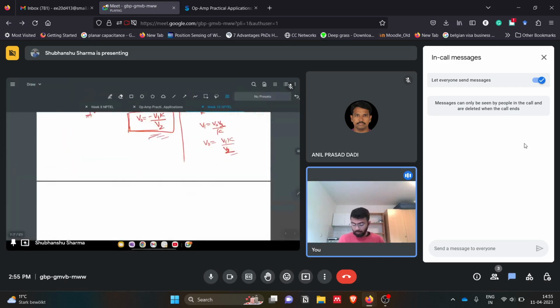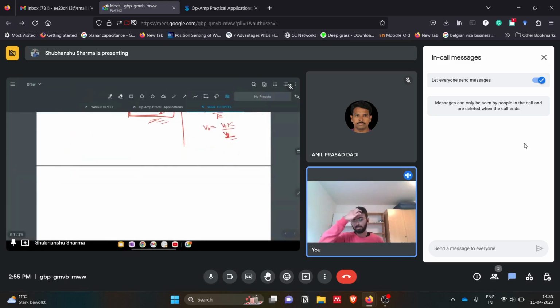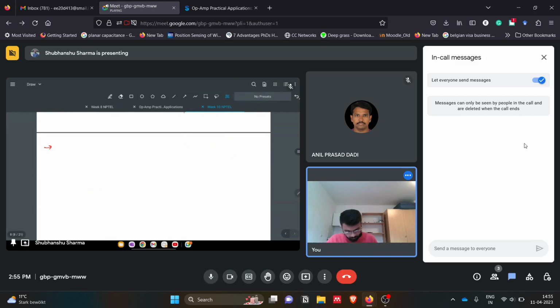After that, we did one experiment also using analog multipliers with that development board. In that development board we had analog multipliers, and we were using two analog multipliers. One we didn't use, that is for correcting the offset and giving the negative feedback to the op amp.